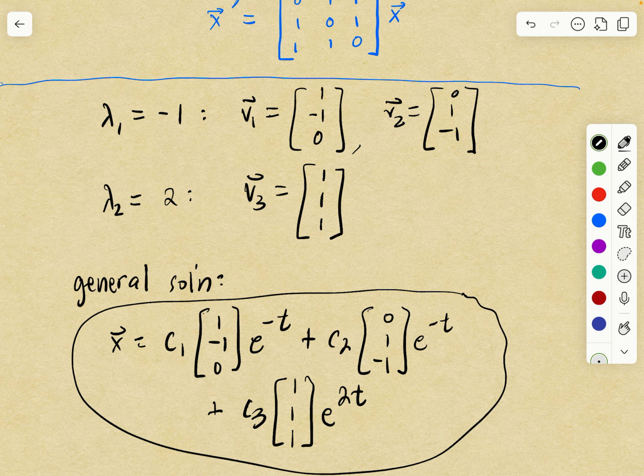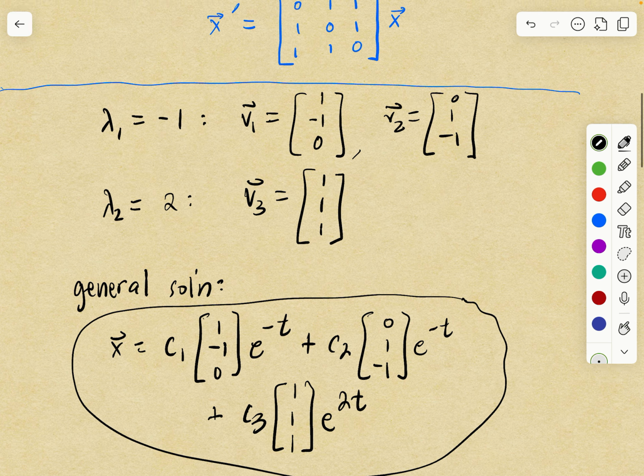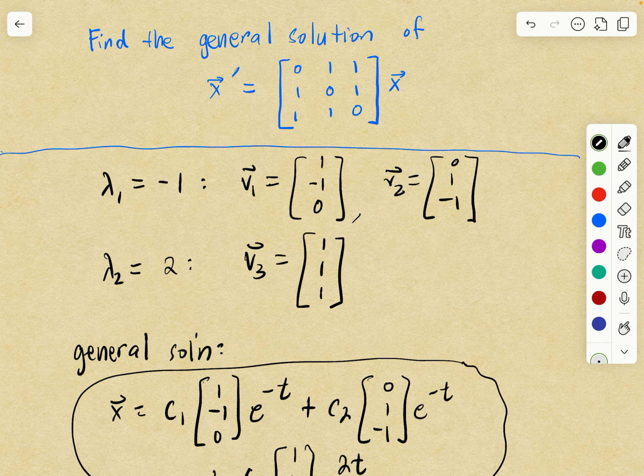That's where all the calculus comes in. But if you take those facts for granted, then solving a system of differential equations where your matrix has constant coefficients just boils down to doing some linear algebra. Okay, that's what I wanted to say in this video.